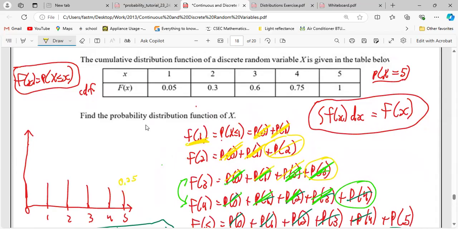And then for 4, it's f of 4 subtract f of 3, which is 0.15. And for 3 it is f of 3 subtract f of 2. And for 2 it is f of 2 subtract f of 1. And then for 1 it is f of 1 subtract f of 0. And that is it. That's all.